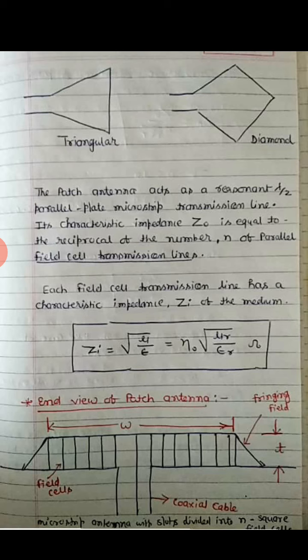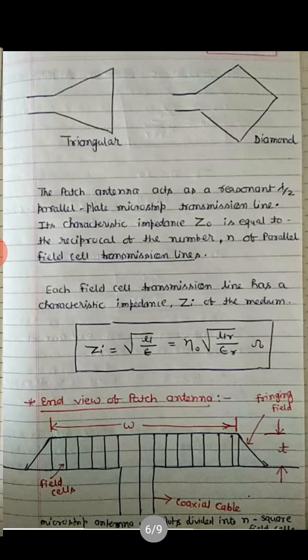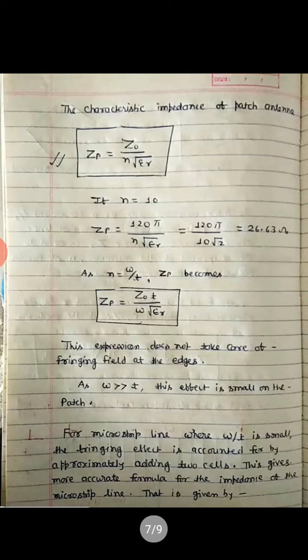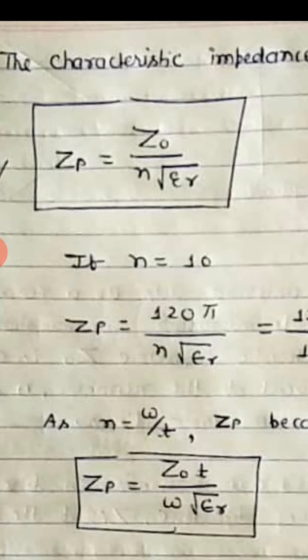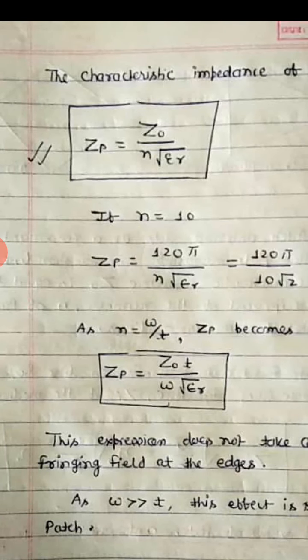Now this is the microstrip antenna with slots divided into n square fields. So this is the n field transmission line, parallel fields. So we can calculate the Z naught, this is the characteristic impedance. Now finally the characteristic impedance of a patch antenna can be given by Zp equal to Z naught by n under root epsilon R. Suppose n equal to 10, which means there are 10 parallel lines in the field.